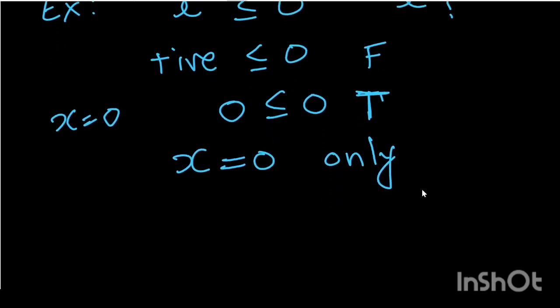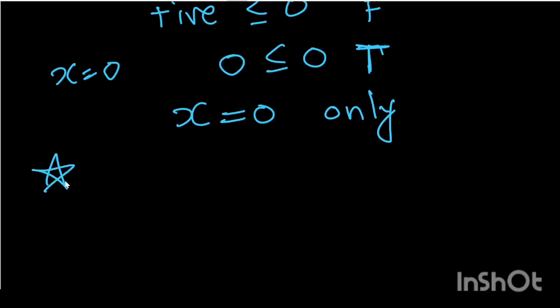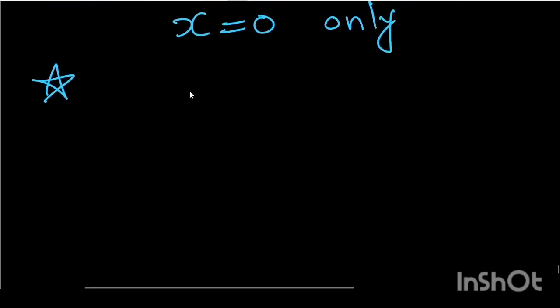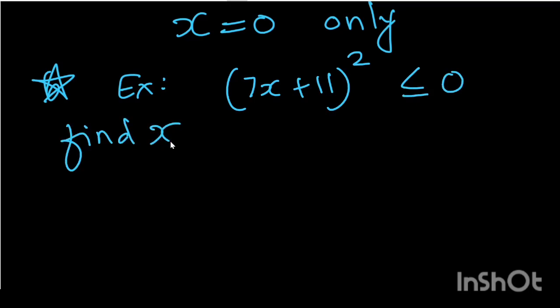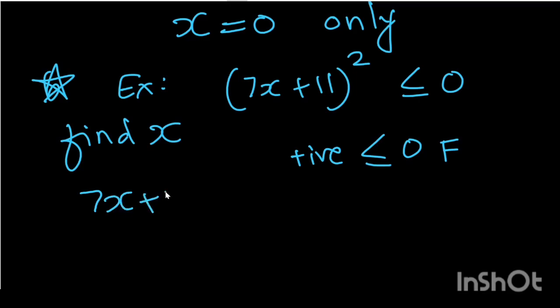Okay. Now in a similar way, if I ask you 7x plus 11 whole square less than or equal to 0, what is x? Again, any value of x you substitute will give a positive number, so less than 0 would be false, equal to will also be false. But one possibility we can check, when 7x plus 11 equals 0, it vanishes.